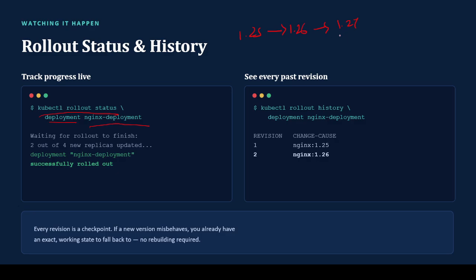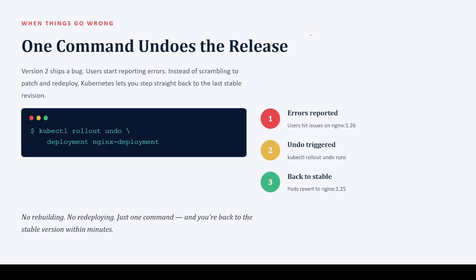Okay. Now let's say some situation happened, like when you went to 1.27, your application started crashing or something happened. Anything is possible, right? And you want to roll it back to the previous version. For that we also have an undo command. You can just do kubectl rollout undo deployment and the deployment name.